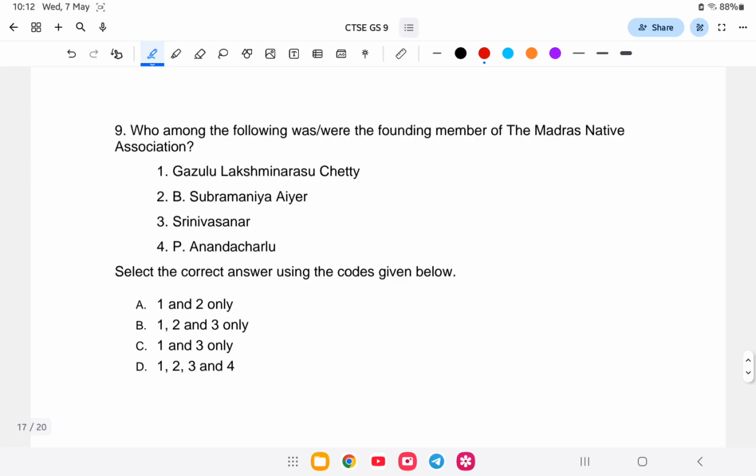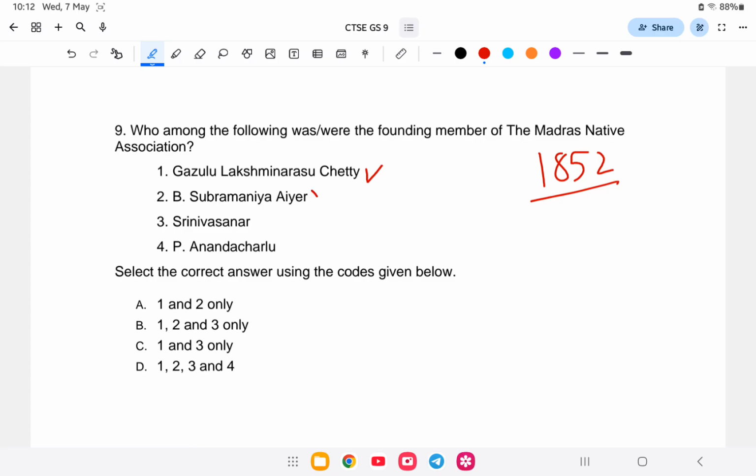Who among the following was a founder member of the Madras Native Association? First of all, the Madras Native Association was established in 1852. First statement, Gazulu Lakshmi Narasu Chetty.